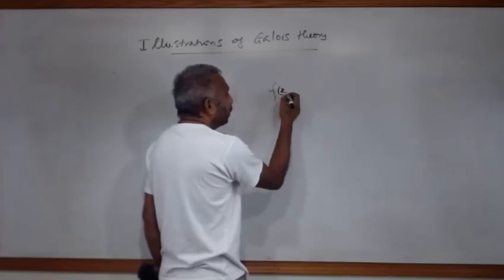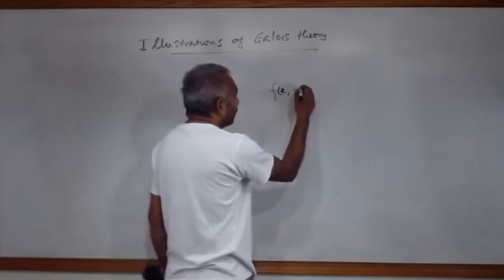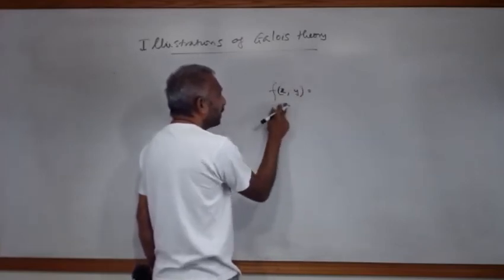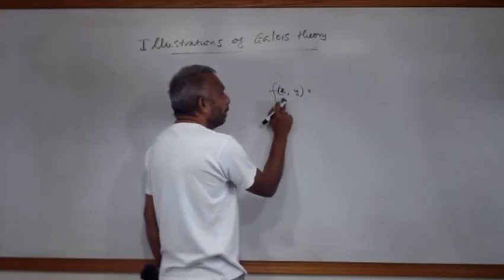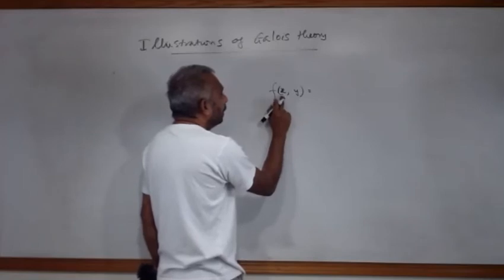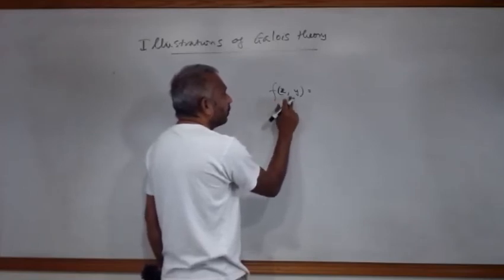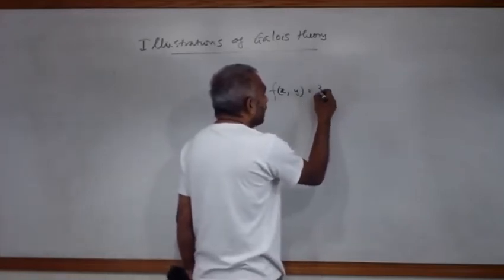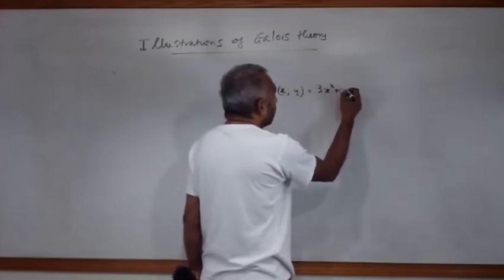You have two variables x comma y. This is a function in two variables x and y. Let's take this as 3x squared plus y.